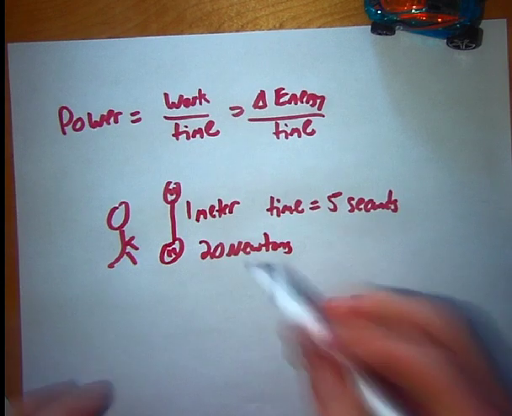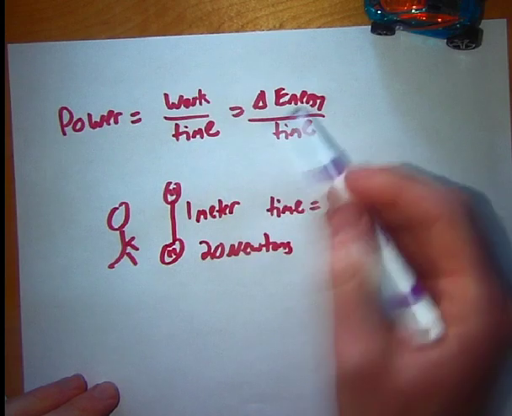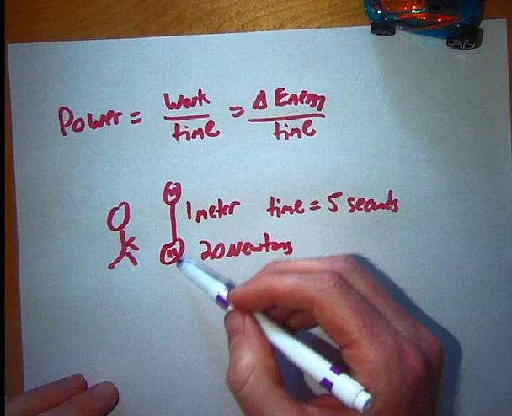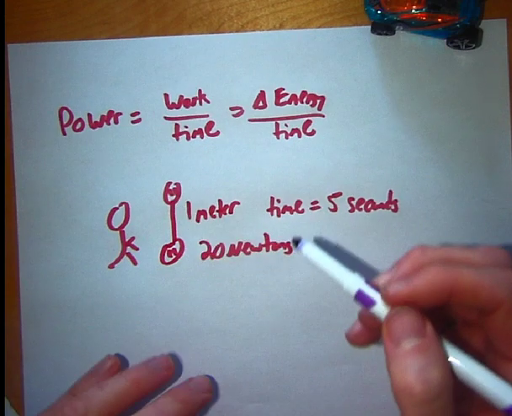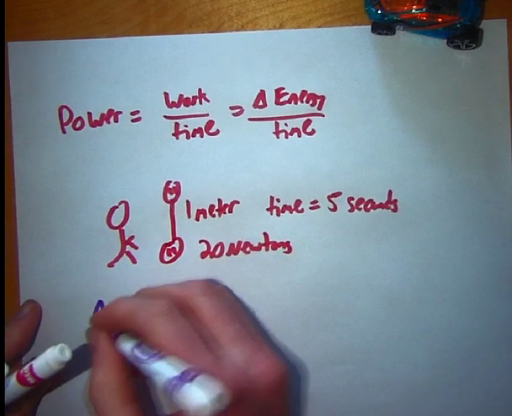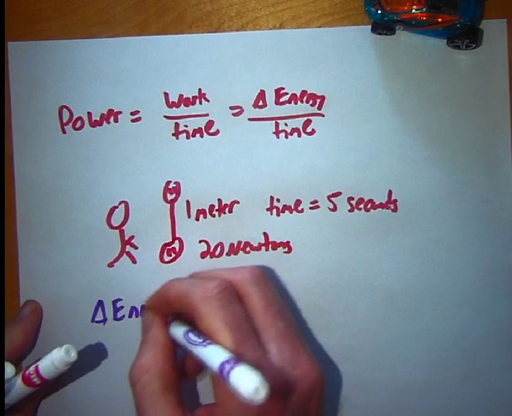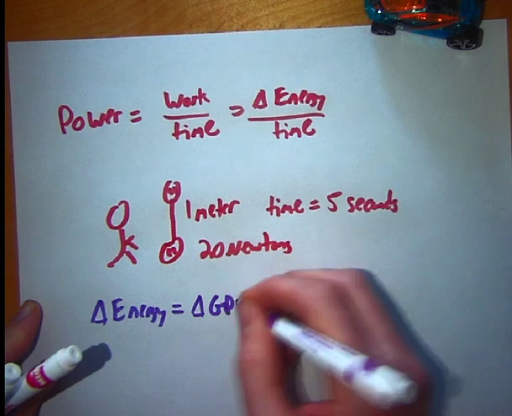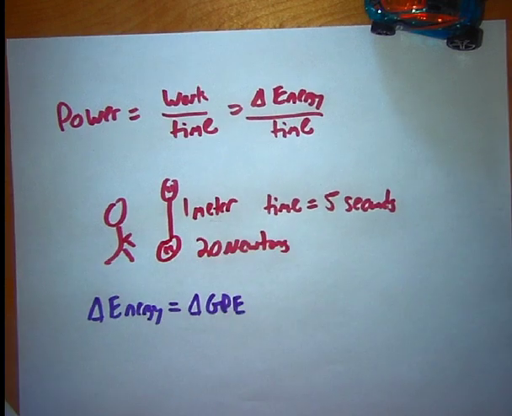So in order to calculate the power, I need work and time, or change in energy and time. For this particular case, the change in energy is going to be a gravitational potential energy. So one way we could solve this, if I want to figure out the change in energy, is I can figure out the change in gravitational potential energy of the bowling ball. But there's another way that we can actually figure out work.